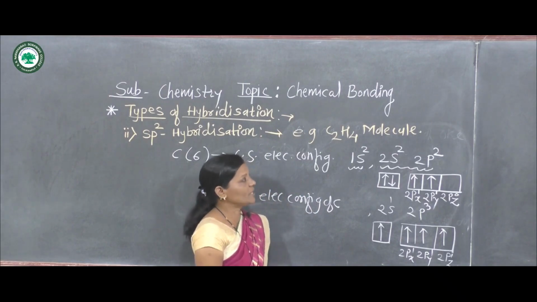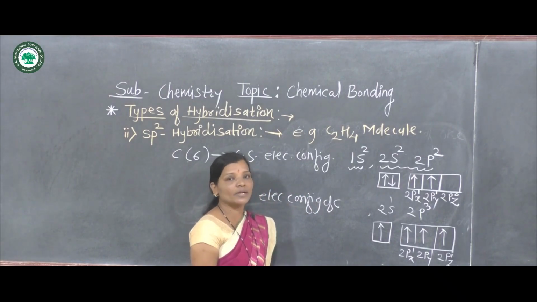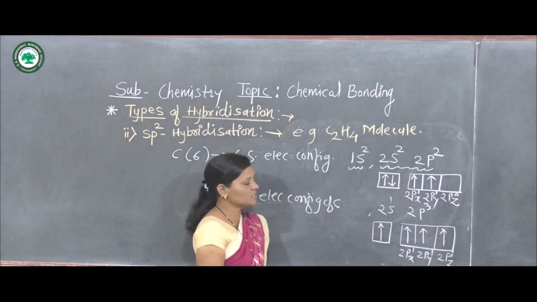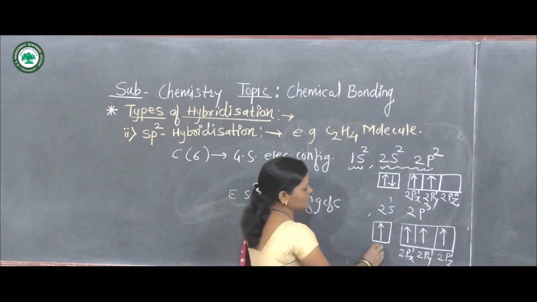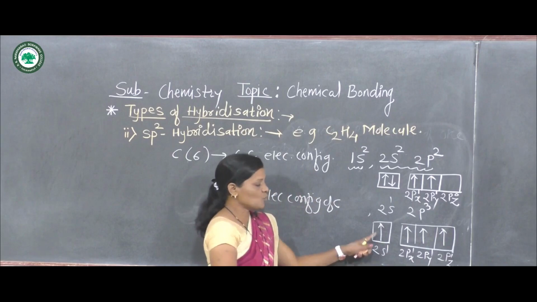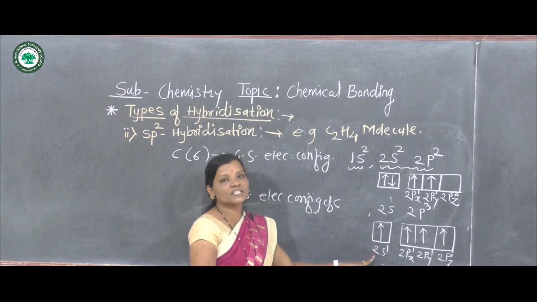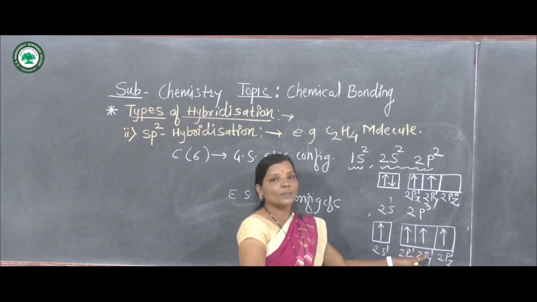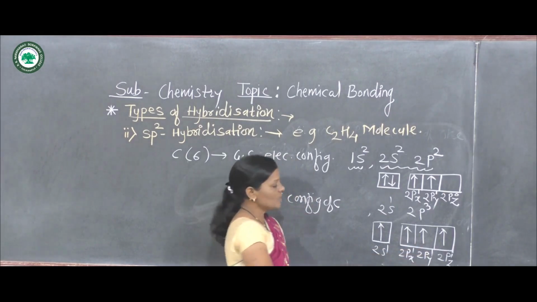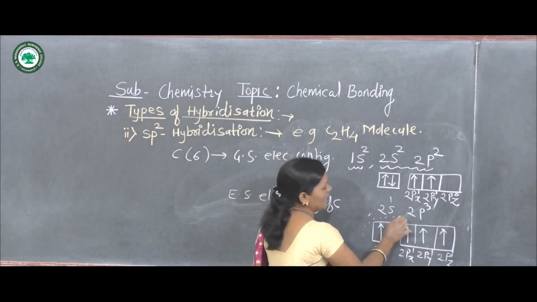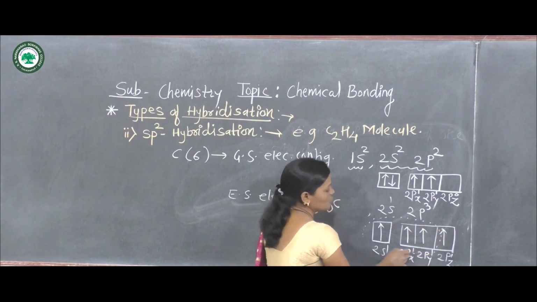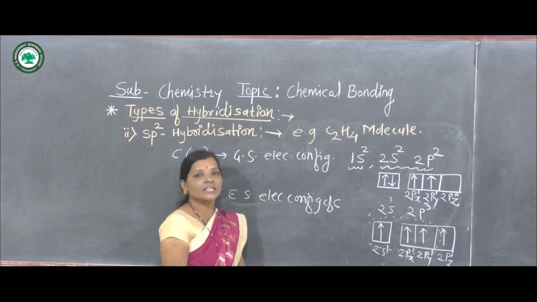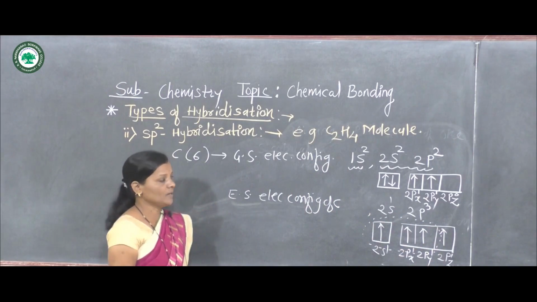Now in C2H4 molecule, in ethene molecule, carbon undergoes sp2 type of hybridization. So here one 2s orbital and two 2p orbitals of the carbon atom undergo mixing and recasting to produce 3 sp2 hybrid orbitals.